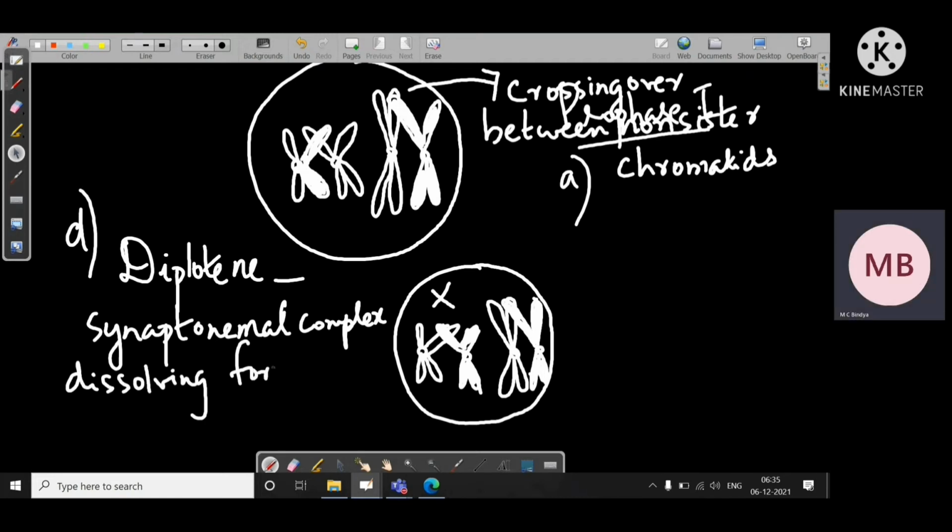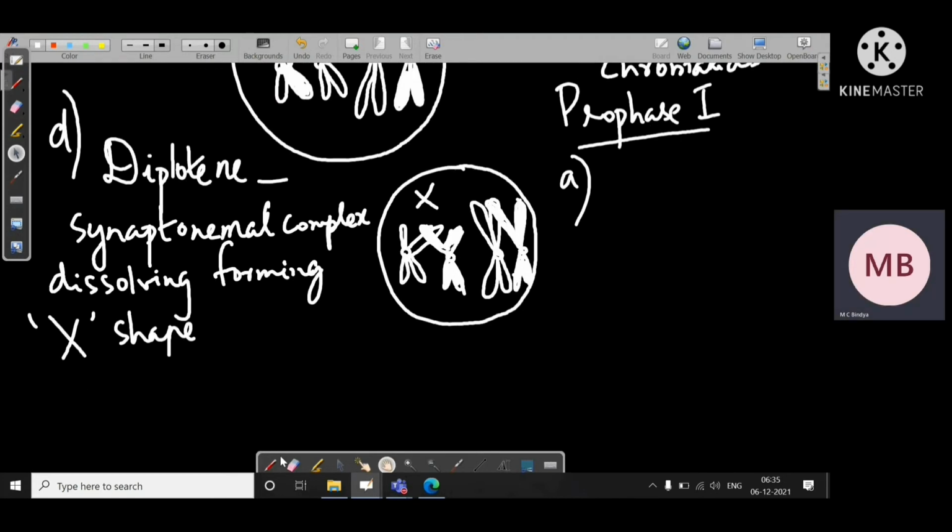They are dissolving, forming X shapes. And so this structure which is formed, that X shape, is called chiasmata.